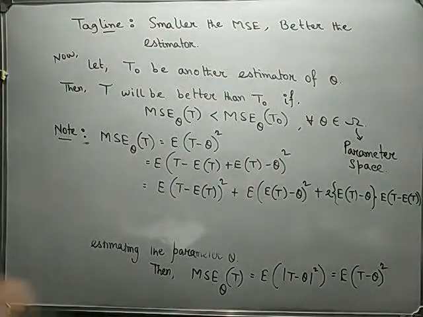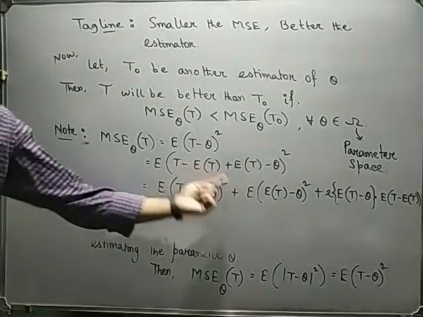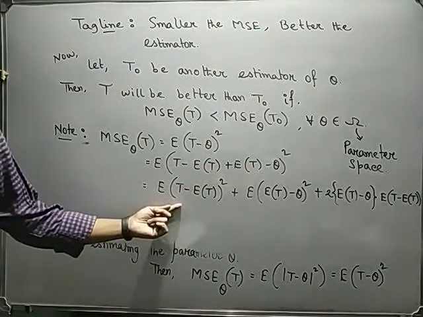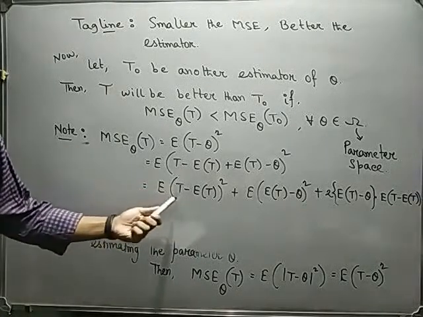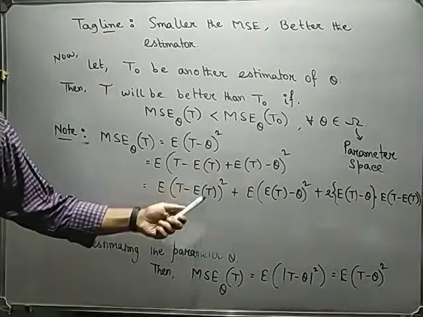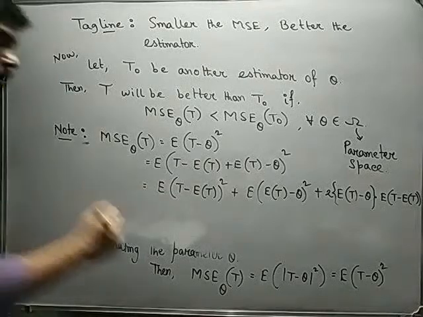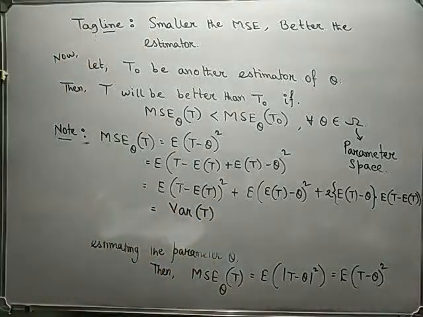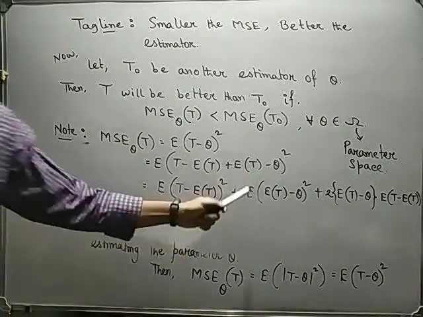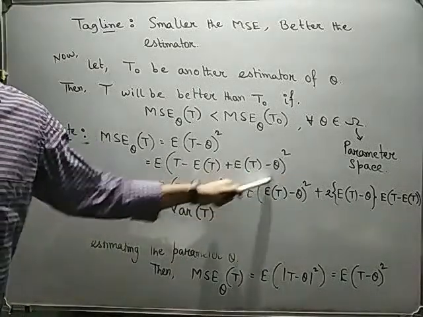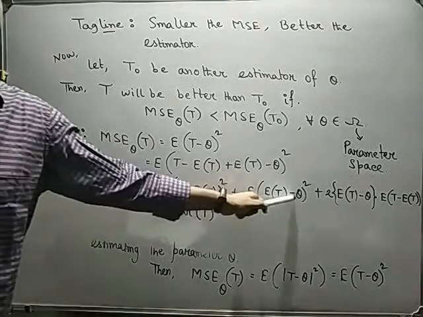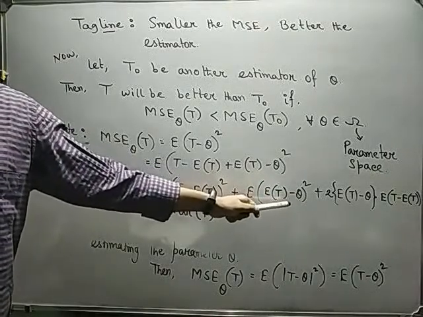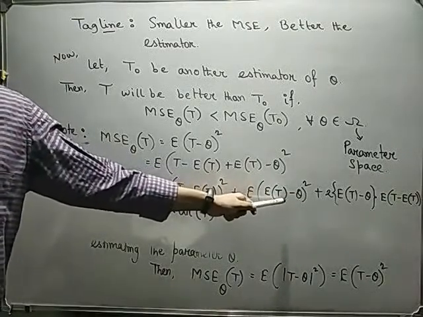Now simplifying this part, this is basically my variance of capital T. I think you all know the formula of variance, which is expectation of random variable minus its expectation and then square. So that's why this can be written as variance of capital T plus this quantity, where expectation of T is constant and minus theta, I have told you that theta is always constant as it is a parameter.